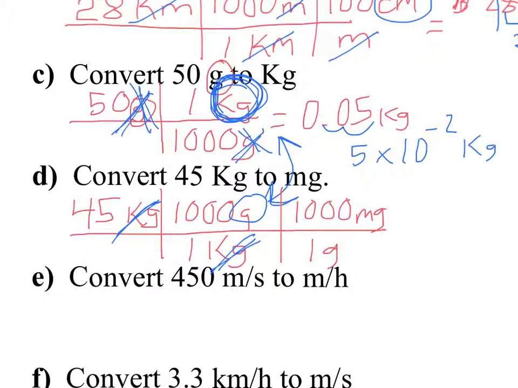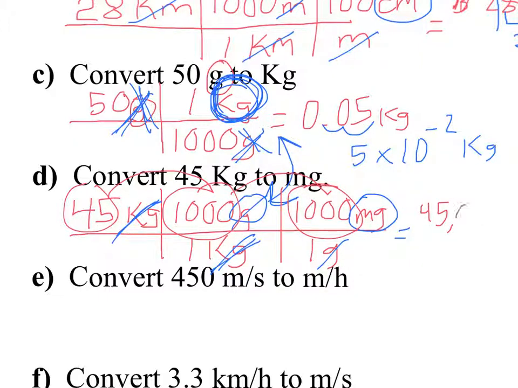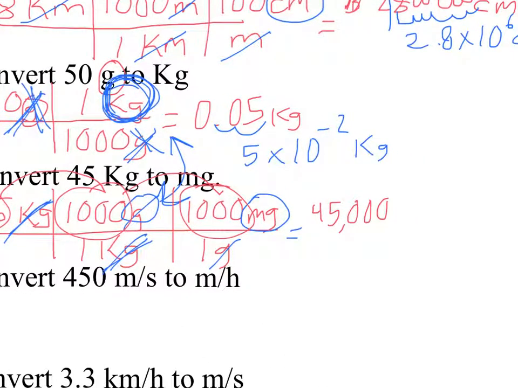So now we can cancel our grams, and it leaves us the units of milligrams. So our answer is 45 times 1,000 times 1,000. So 45 times 1,000, just add 3 zeros, times 1,000, that's 45 million milligrams.